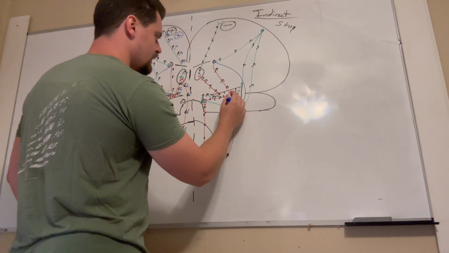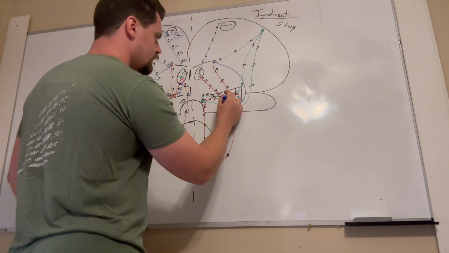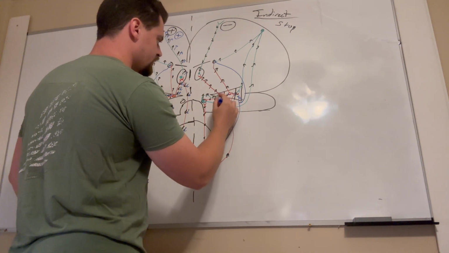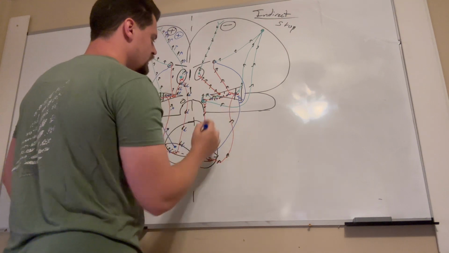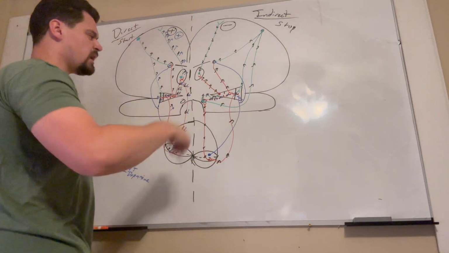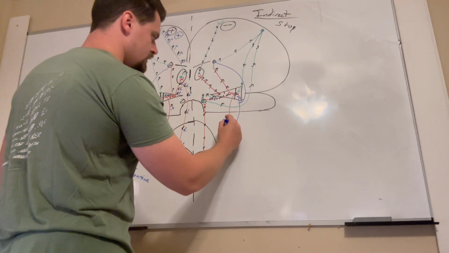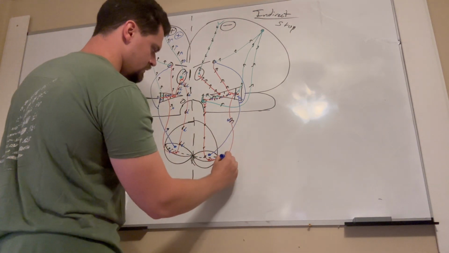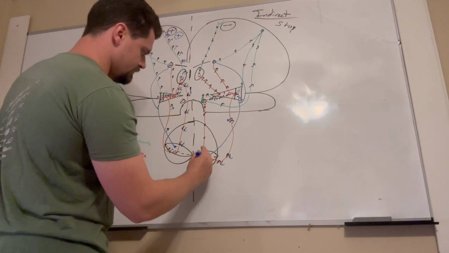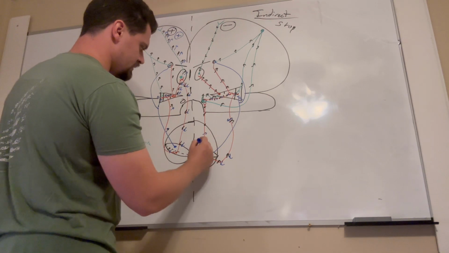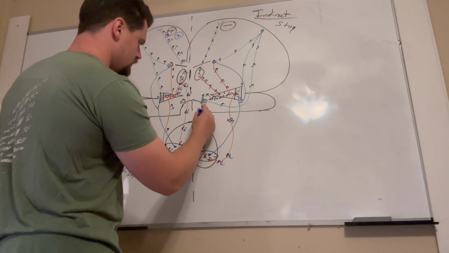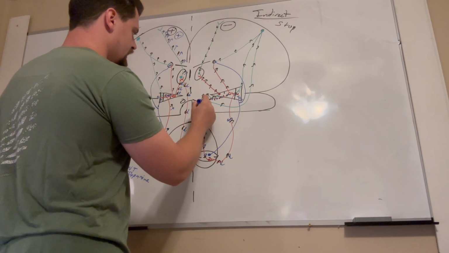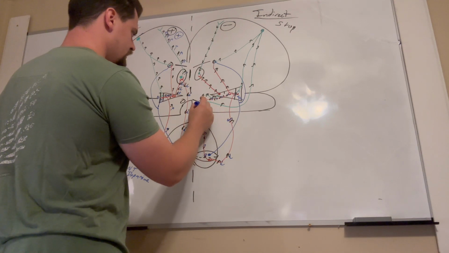And if we inhibit an inhibitor, then we're going to end up increasing. What you could almost do with the indirect pathway is just do the opposite of whatever it was doing. So this is up, so it's going to go down. And then this was up, so now it's going to go down. Well, this was down, so it's going to go up. And then look what we did here.